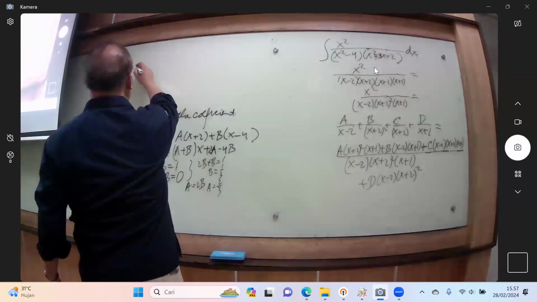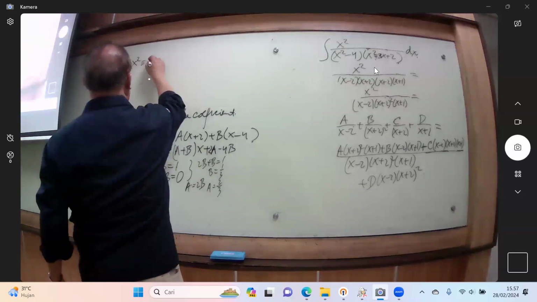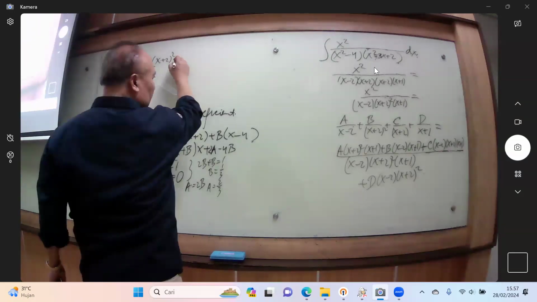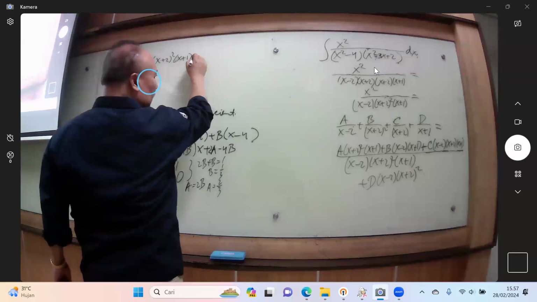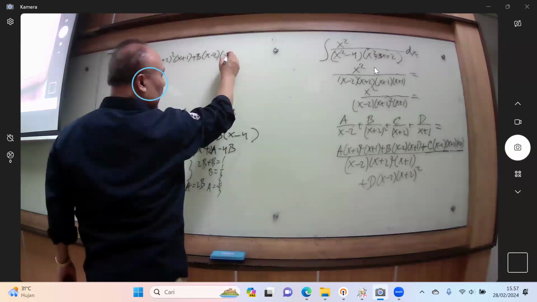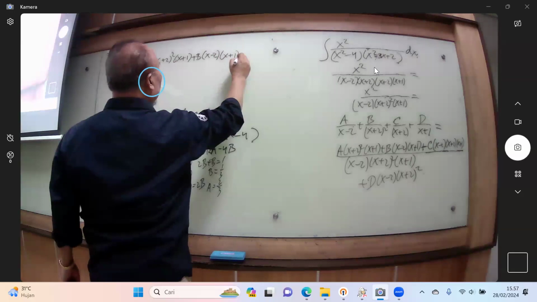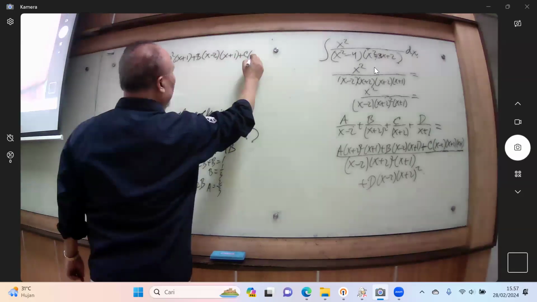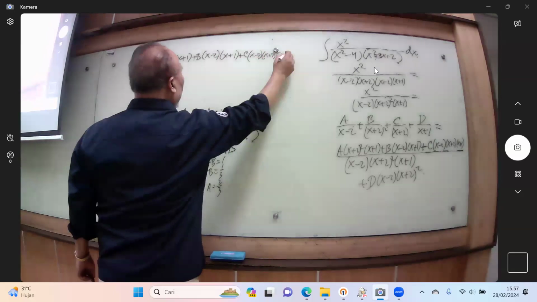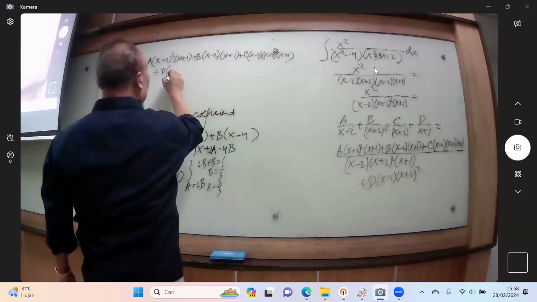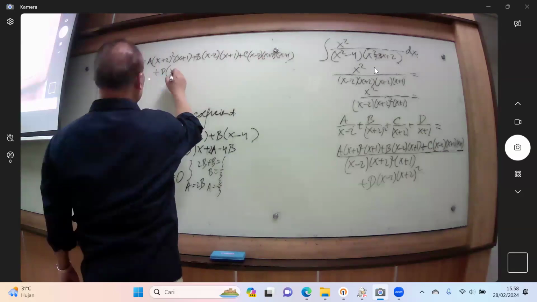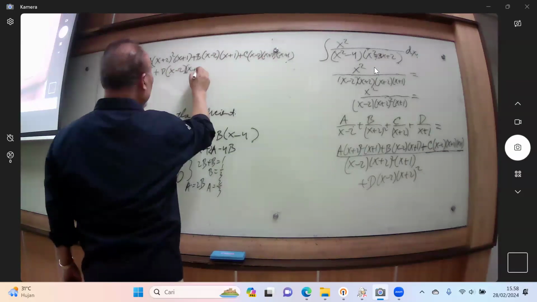x squared equals A multiply with x plus 2 square, x plus 1, plus B, x minus 2, x plus 1, plus C, x minus 2, x plus 2, x plus 1, and plus D, x minus 2, x plus 2 square.